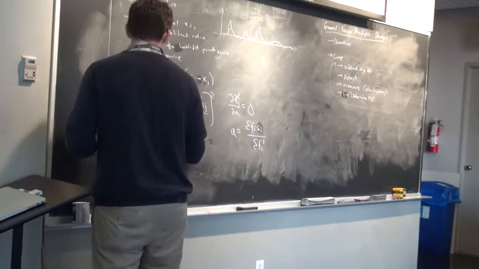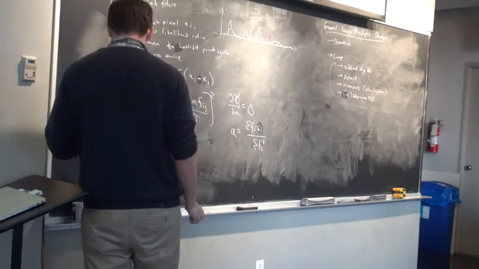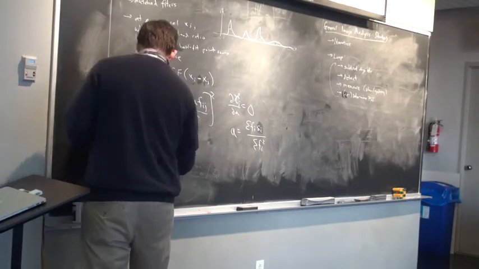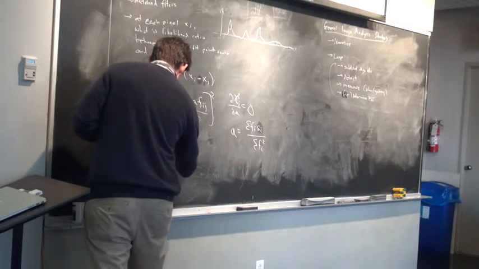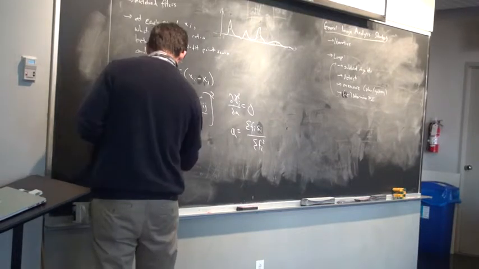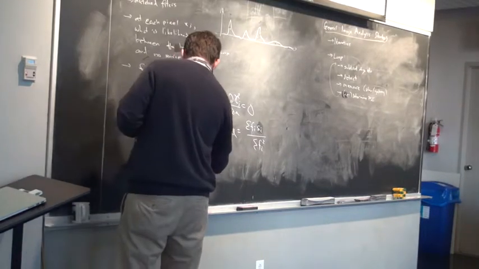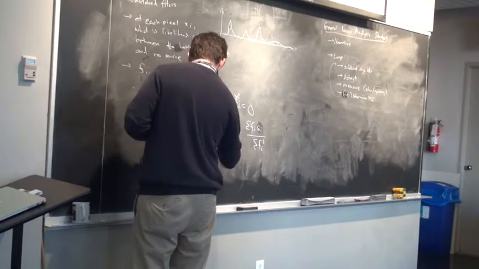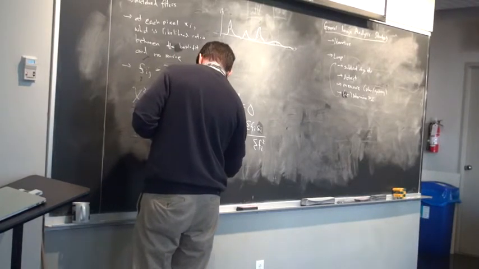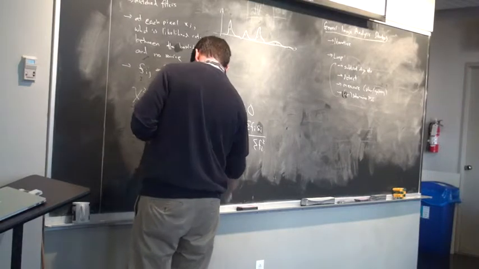And then when you plug this back in, it's relatively straightforward to show that this is equal to the sum over all i of S_i squared over sigma squared, minus A squared times the sum over i of F_i squared over sigma squared.